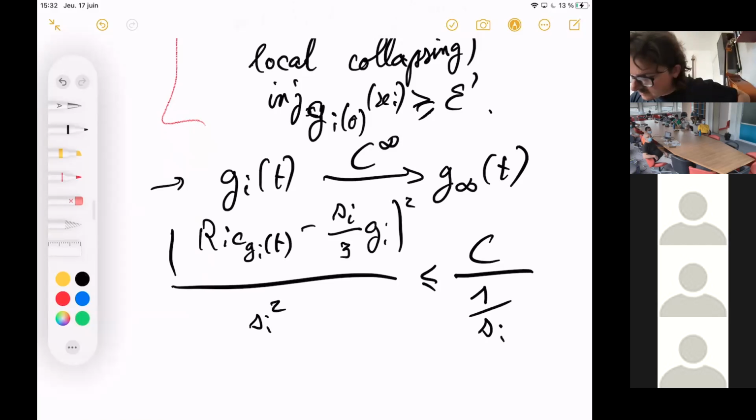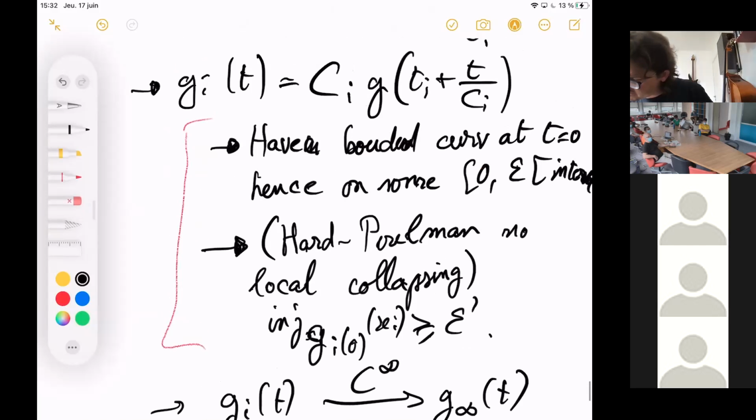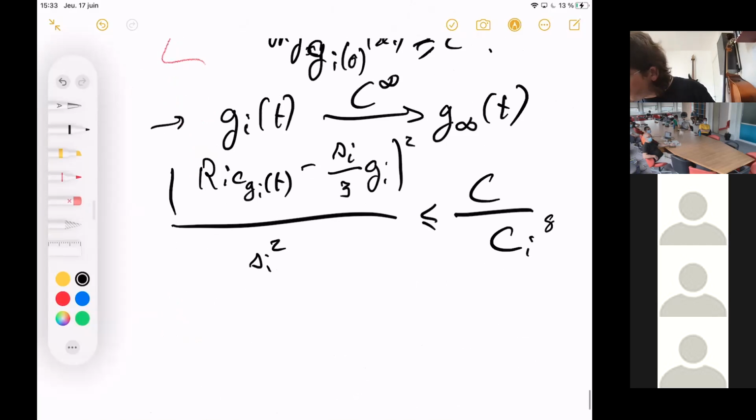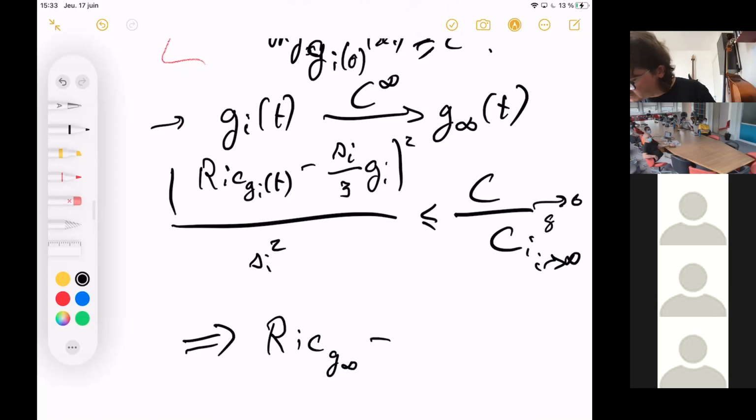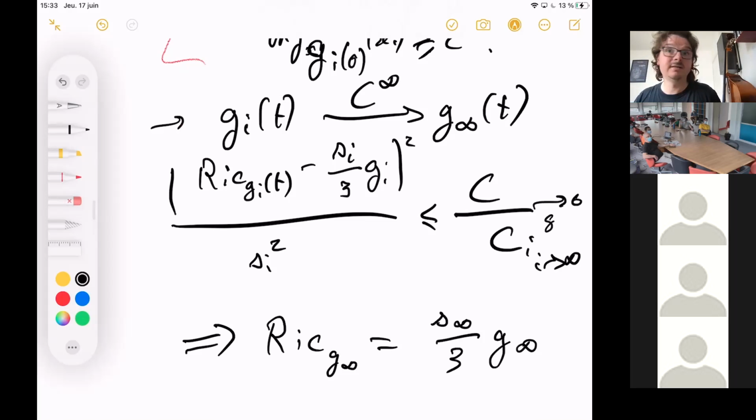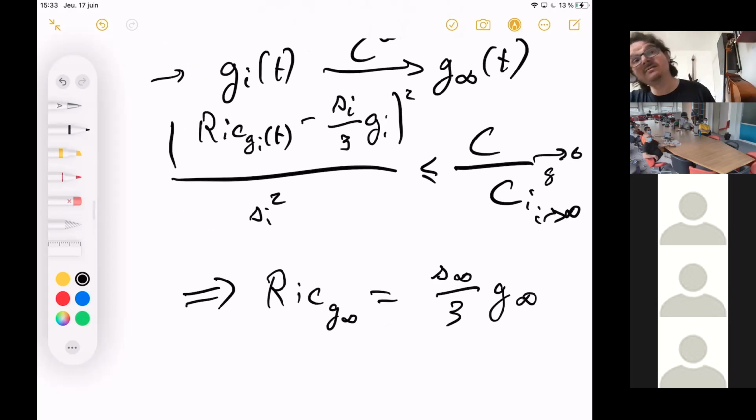So this on the left is scale invariant, and then you have to look at what the scalar curvature becomes. Basically it's of the order of c_i to the power delta. And so this is going to 0 as i goes to infinity. And that implies that Ricci of g_infinity is equal to s_infinity over 3 times g_infinity for every t. And from there you see that the limit is Einstein.